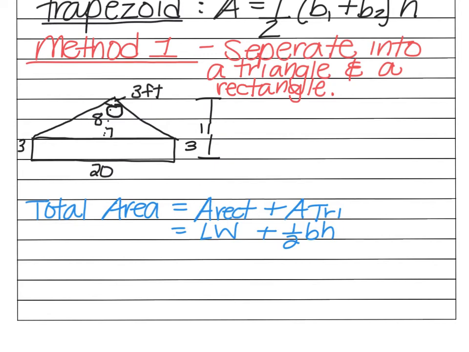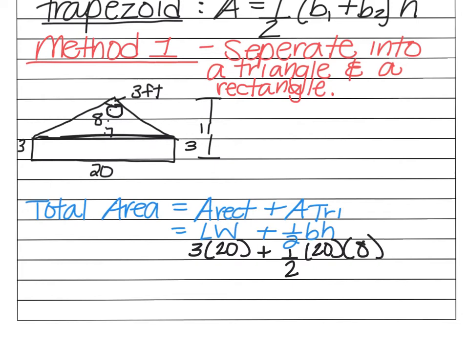So for my rectangle, my length, we're going to go ahead and plug in 3, and my width is 20, plus we have 1/2. The base of my triangle is right here, which is going to be 20, and my height, which is going to be 8. So we can go ahead and plug those in. Base 20, height 8.